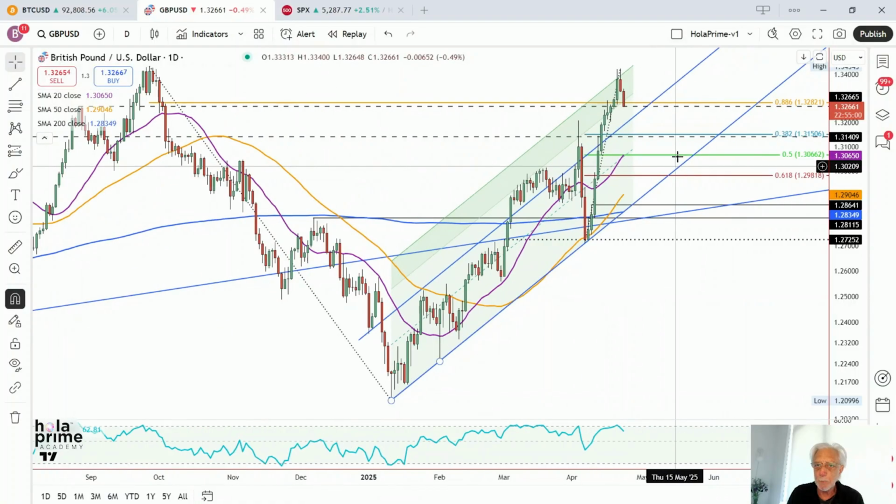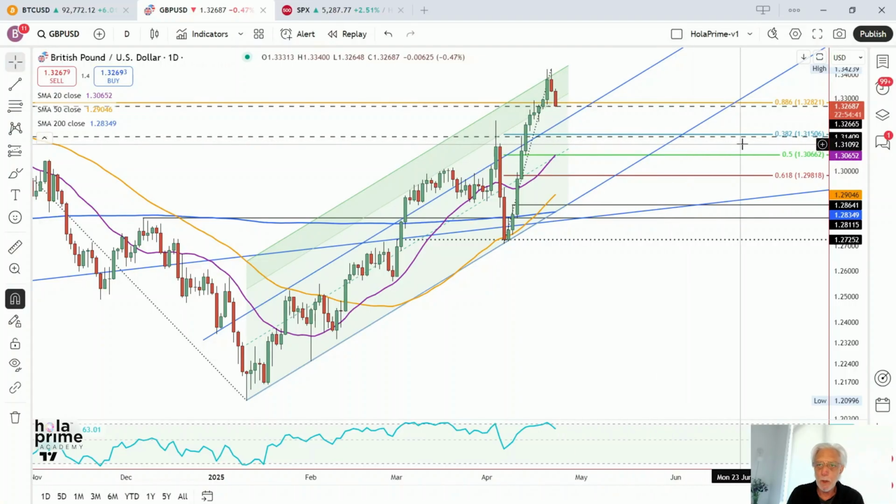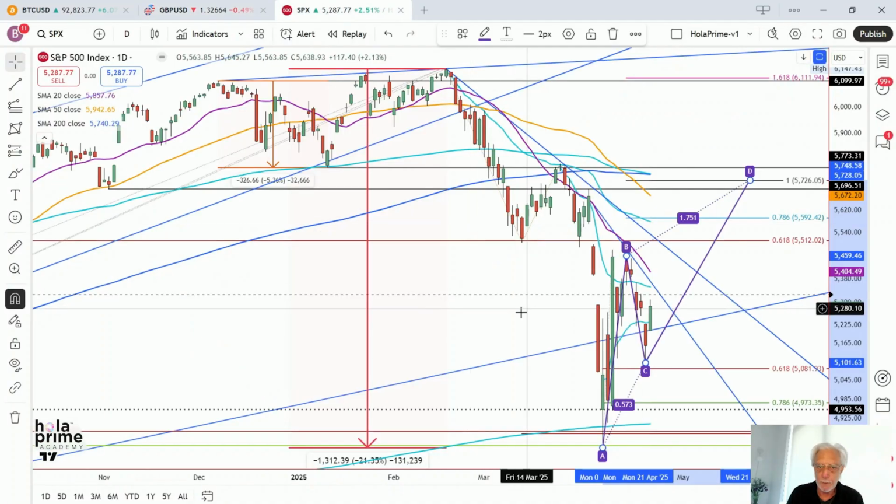There's a good chance there's going to be more of a pullback, so any rallies into resistance are likely going to be used by many market participants, I'm estimating, to get out of long positions and get into short positions to take advantage of the first target low, which looks like around the 38.2% retracement at 1.3151.